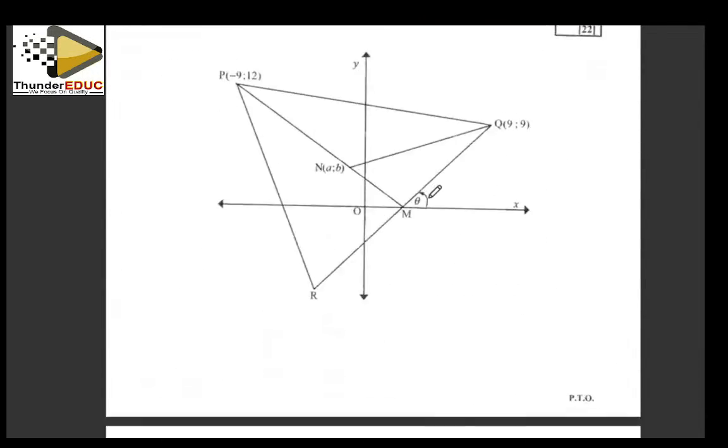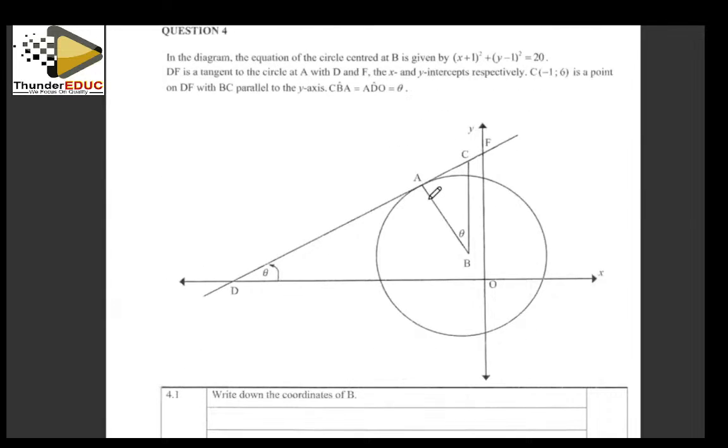Then question number 4 tells us that in the diagram, the equation of a circle centered at B is given by x plus 1 squared plus y minus 1 squared equals 20. DF is a tangent at A, D and F. The x-intercept and y-intercept respectively.